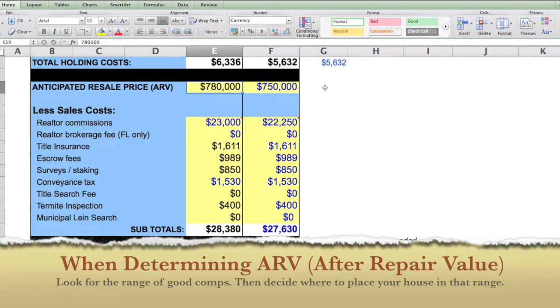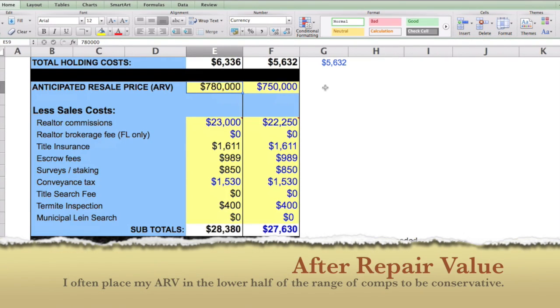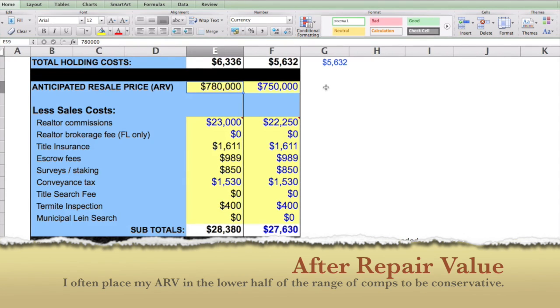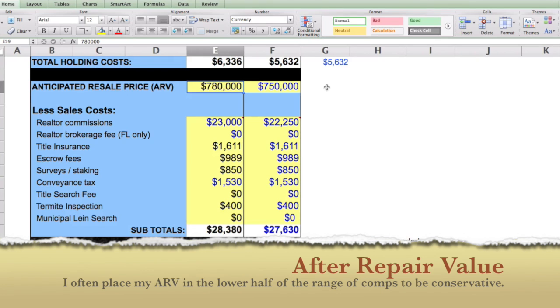You're going to evaluate comps. You're going to narrow it down to the ones that most closely match your subject property, how your property is going to look after we finish the renovations. And we're going to make sure we're only working with a handful of the very best comparables.